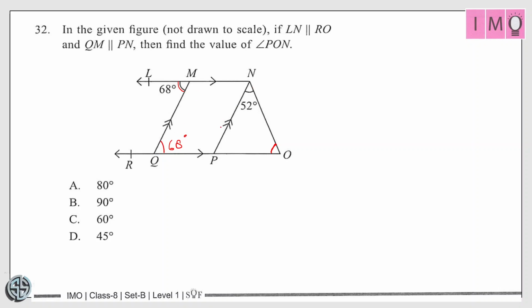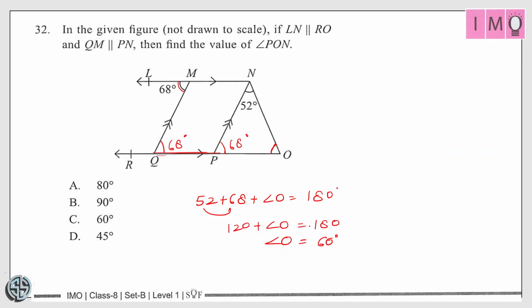Now QM is parallel to PN and QP is transversal, so this will also become 68 because of corresponding angles, right? Now in this triangle PNO, 52 plus 68 plus angle O will be equal to 180. Now this will become 120 plus angle O is equal to 180. So angle O will definitely become 60 degrees. So option C is the right one.